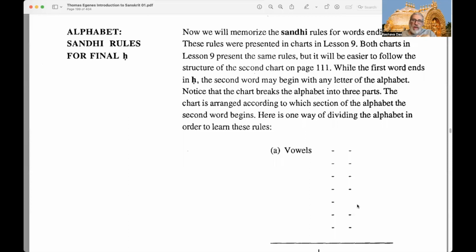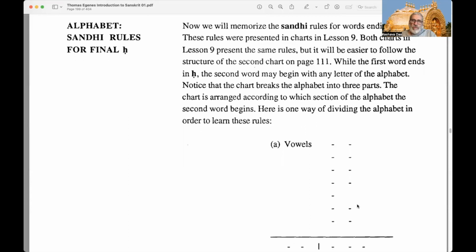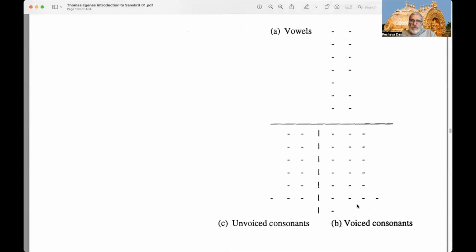So here is one way of dividing the alphabet in order to learn these rules. A, vowels. B, voiced consonants. Remember, voiced consonants are also called soft consonants, in which there is more vibration of the vocal cords.